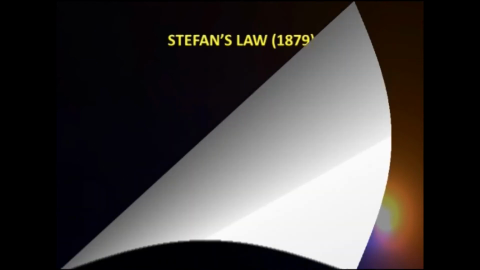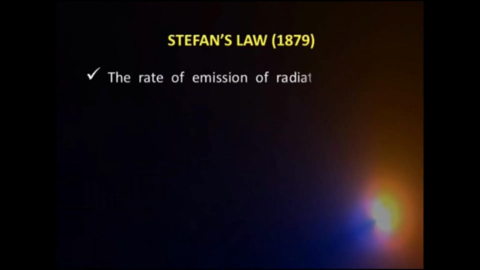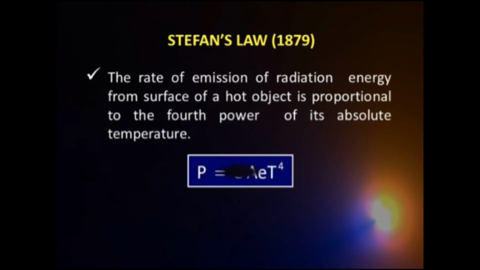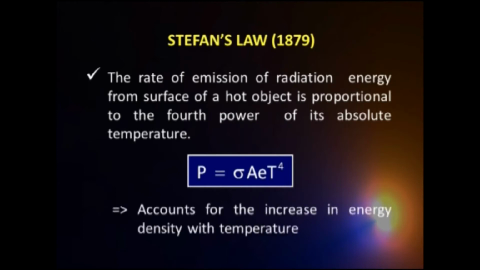What it says is, the rate of emission of radiation energy from the surface of a hot object is proportional to the fourth power of the absolute temperature. So the output is proportional to T^4, and that accounts for the first observation, that as temperature increases, the energy output is increasing.